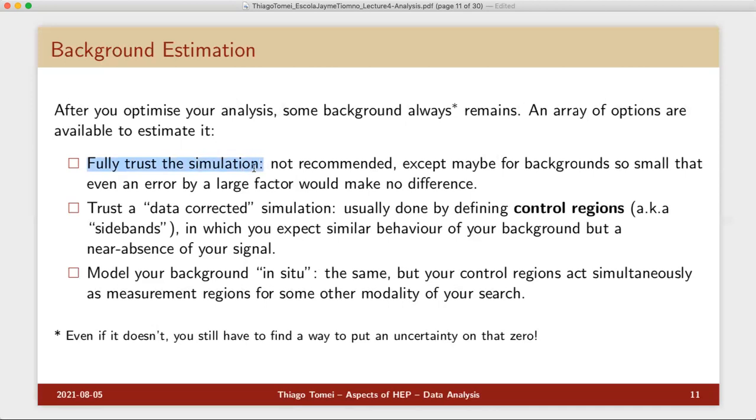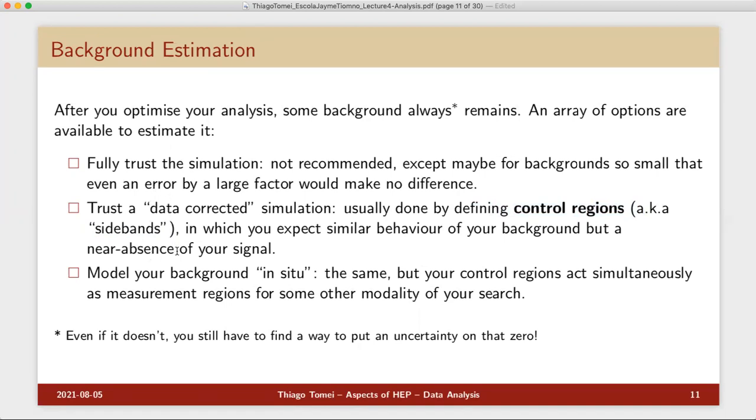which we usually don't do, or you correct the simulation with some kind of correction factor that you get by defining control regions. For instance, let's define some particular set of cuts that is called a sideband, which looks like the signal, but has some subtle difference.